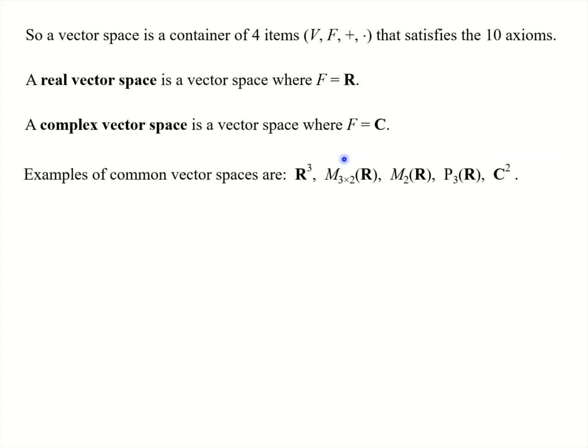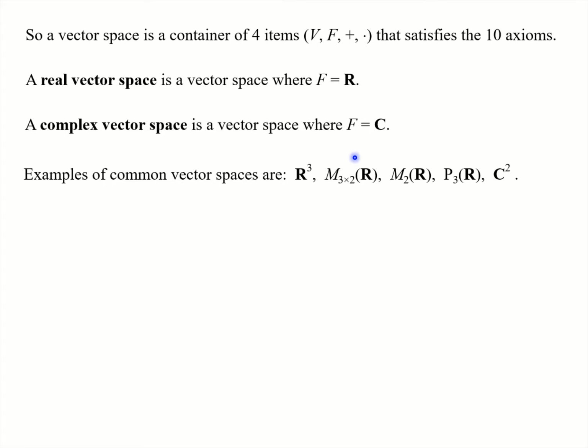So axiom 1 is satisfied. It's closed under vector addition. If you take a scalar and multiply it by a 3x2 matrix, do you still get a 3x2 matrix? And the answer is yes. So axiom 2 is satisfied. The vector space is closed under scalar multiplication.